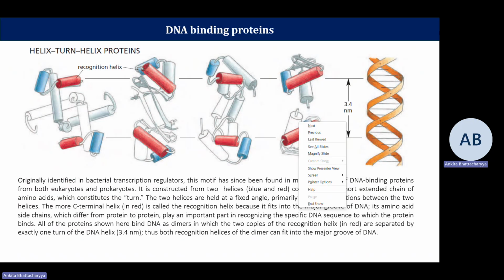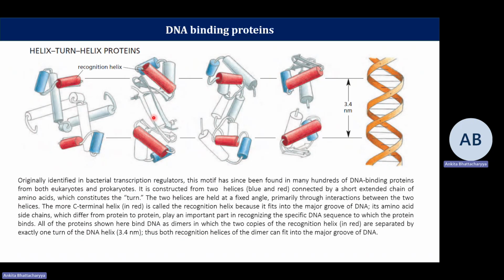There is another one which is HLH, helix loop helix, we'll discuss it later. And so that's pretty much what you see. There's assembly and there can be binding, and they usually bind as dimers. There are two recognition helices present for that purpose, separated by exactly one turn.